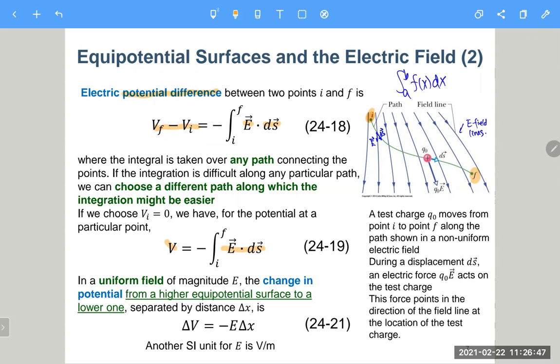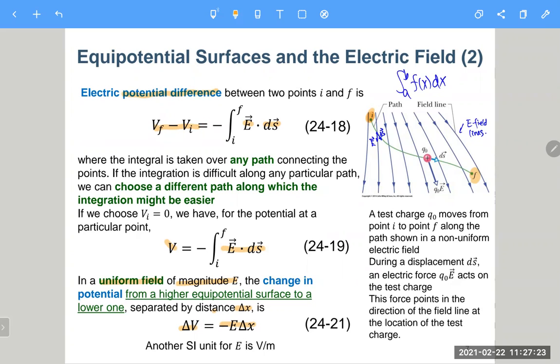So for the simplest case, this is what you are supposed to learn in high school physics. In a uniform field of magnitude E, the change in potential from a higher potential surface to a lower one, separated by distance delta x, is delta V equals minus E times delta x.